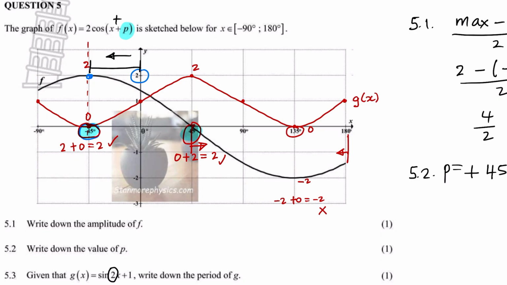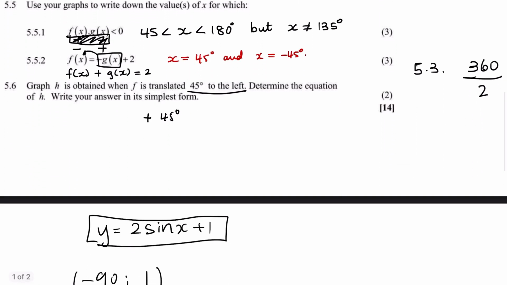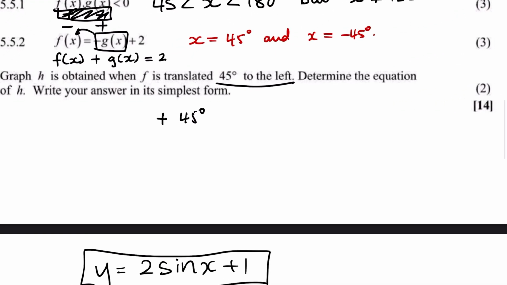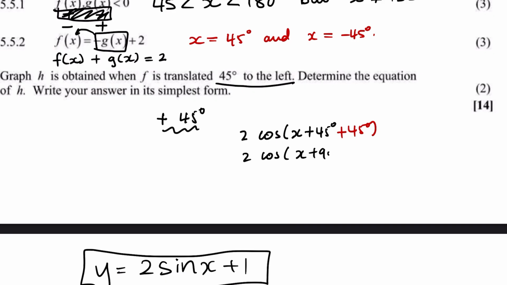If the graph is shifted to the left, we add. So here we are going to add 45. So the function is going to be 2 cos, and in here we have x plus 45, and now we are going to add the 45. So this gives us 2 cos of x plus 90.